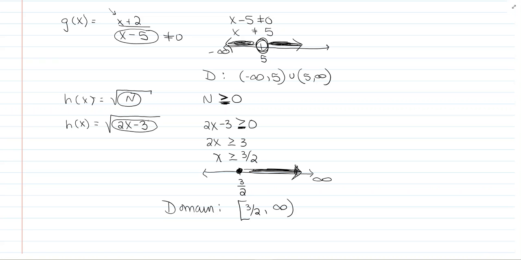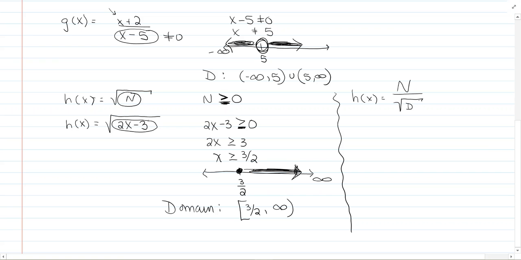Right? The only caveat to this is if the radical is in the denominator. So if I have h of x equals, I don't care, anything in the numerator divided by the square root, and now the square root's in the denominator.